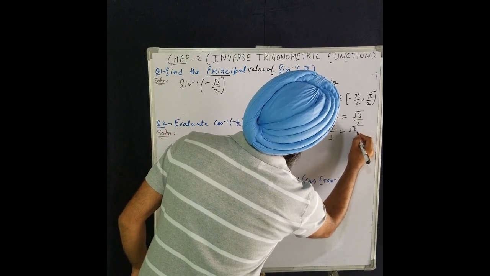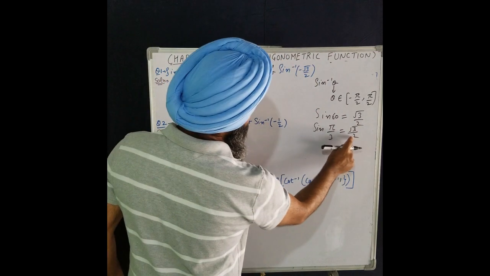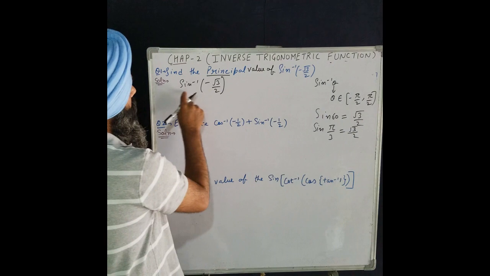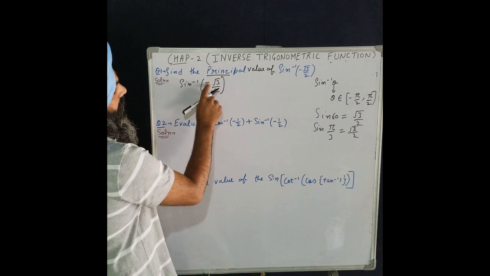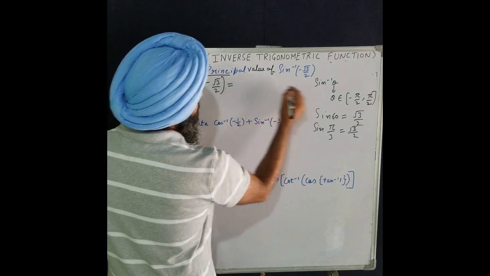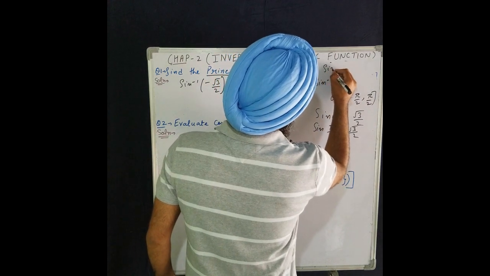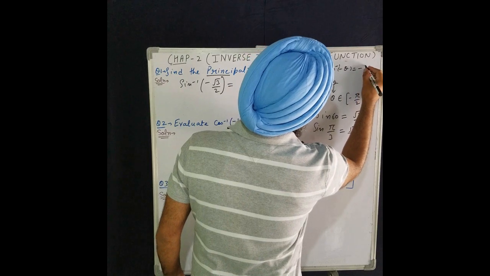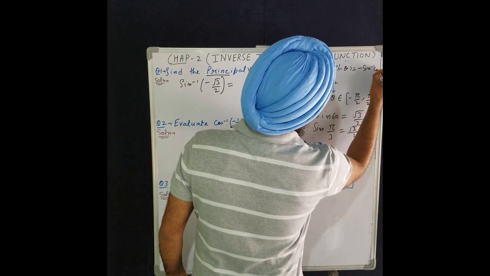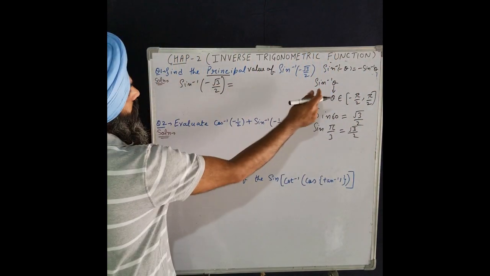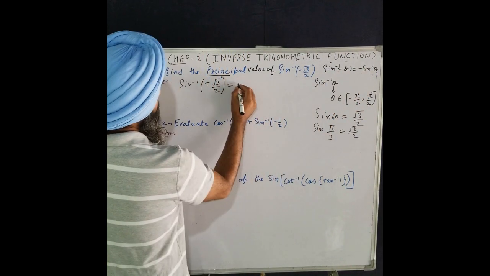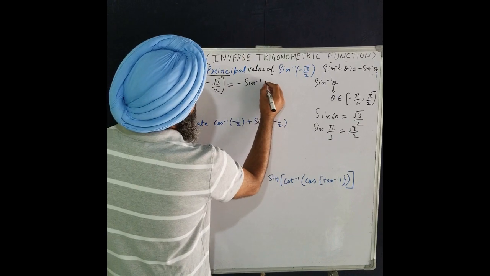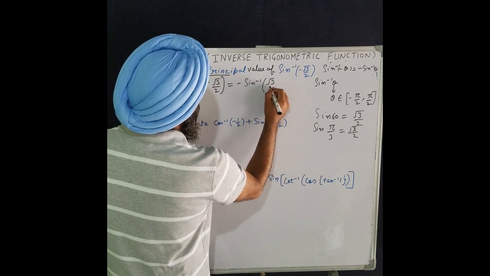You have to substitute the value of under root 3 by 2 here, but before that you have to eliminate this minus sign, beta. How can you eliminate this minus sign? Sine inverse of minus theta equals minus sine inverse theta. You can use this result. This comes out to be minus sine inverse of under root 3 upon 2.